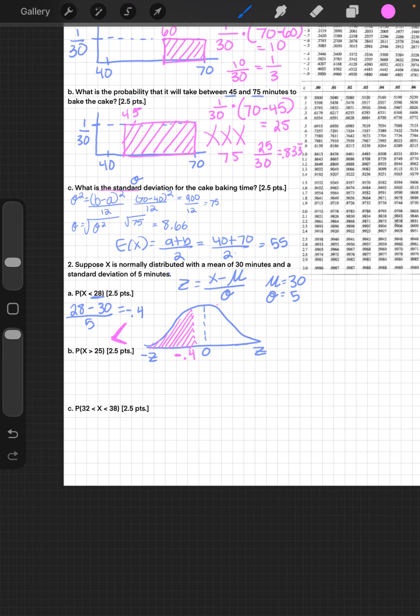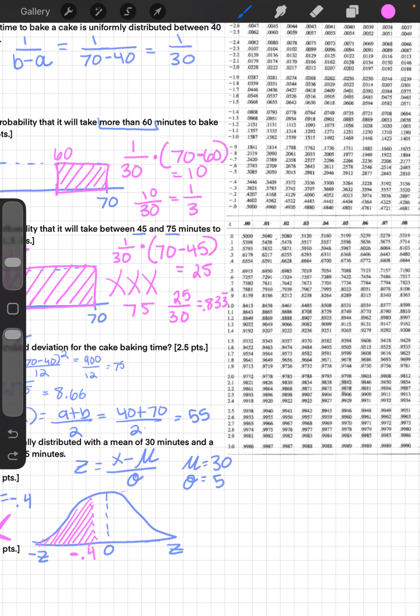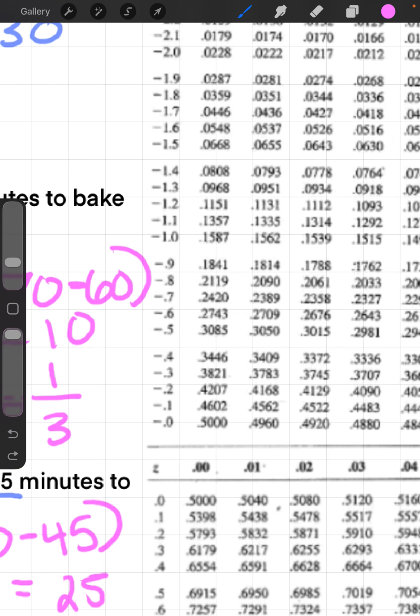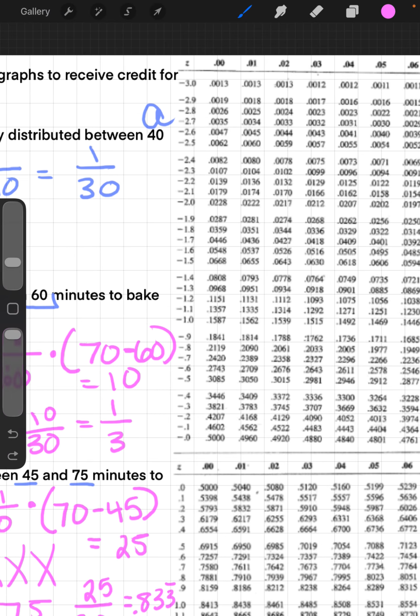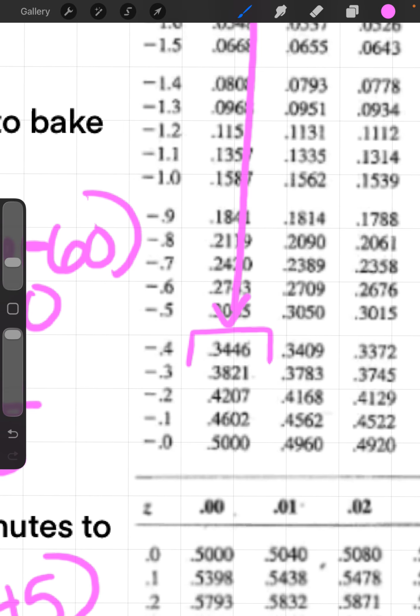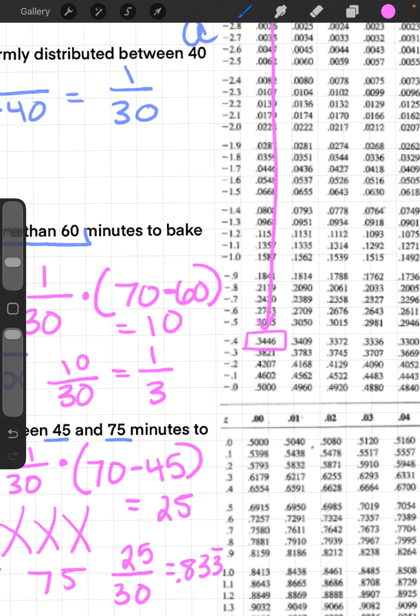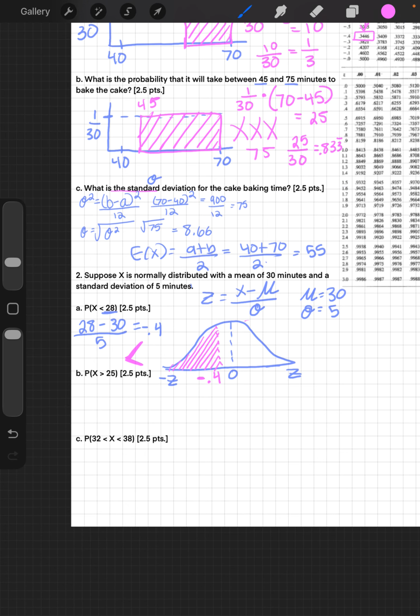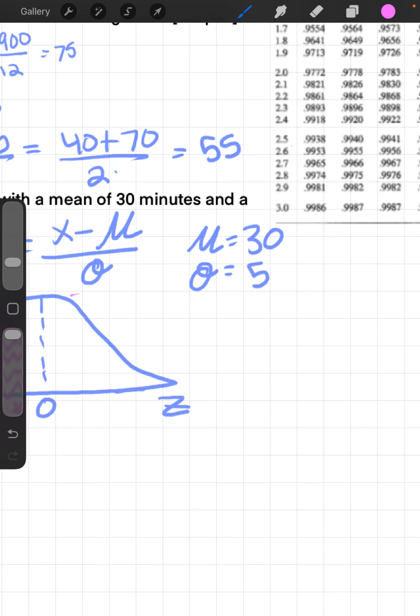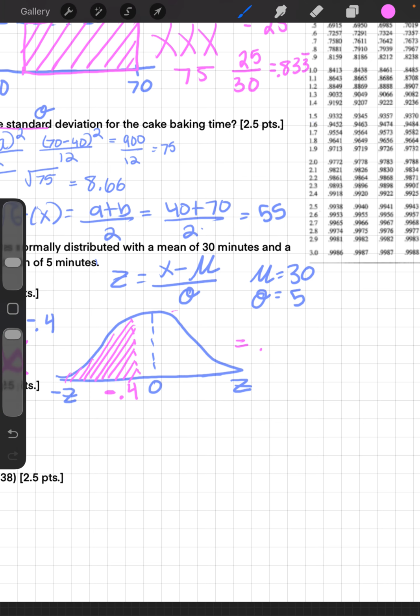Okay. So negative 0.4. We have a 0.3446. This is equal to 0.3446.